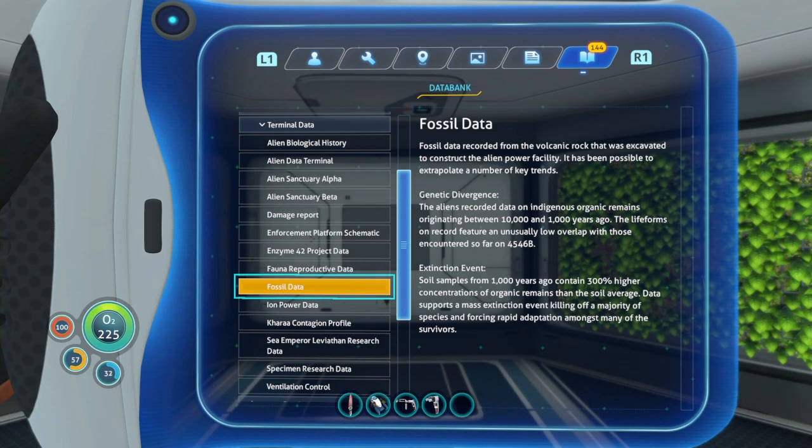Fossil data recorded from the volcanic rock that was excavated to construct the alien power facility. It has been possible to exploit a number of key trends. Genetic divergence. The aliens recorded data on indigenous organic remains originating between 10,000 and 1,000 years ago.